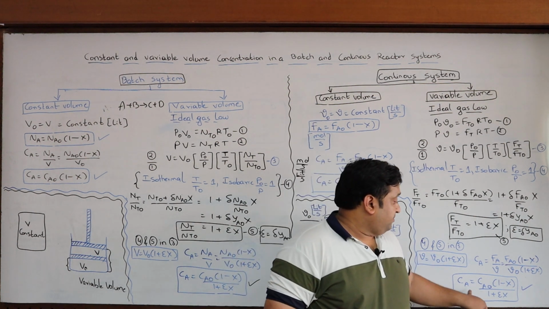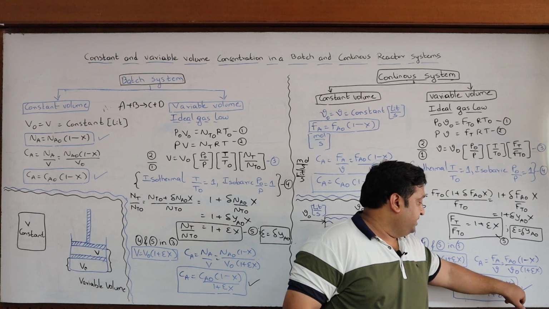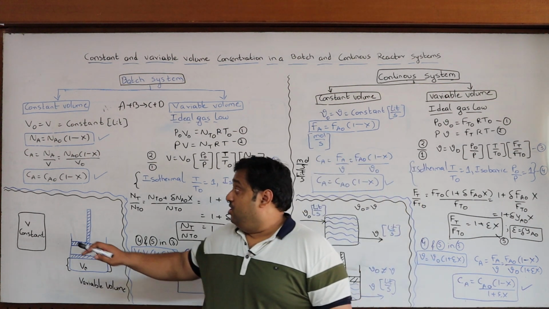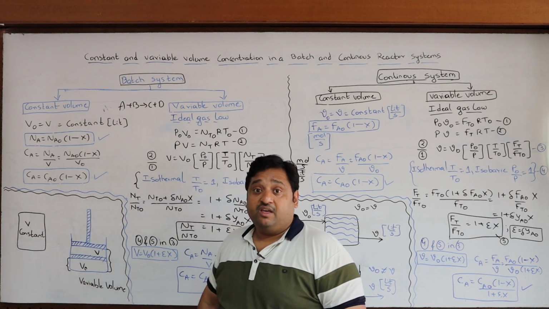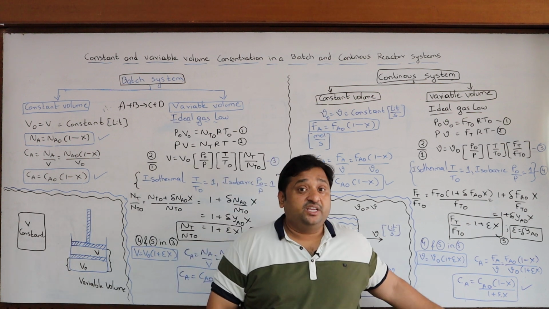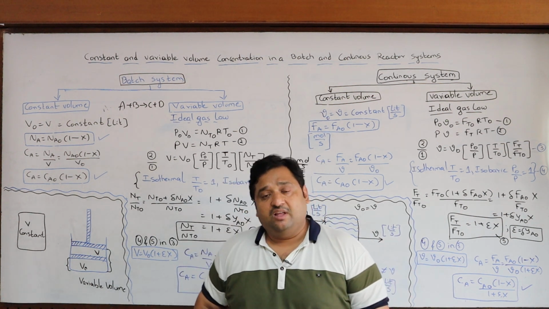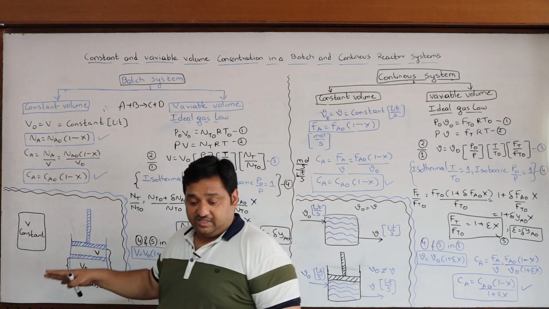So the final concentration is equal to the initial concentration into 1 minus x by 1 plus epsilon x. Now you know how the concentration changes in batch systems and in continuous systems. Let us do one small example, then you can get clarity on how to deal with these systems.